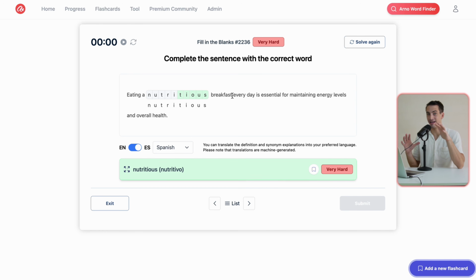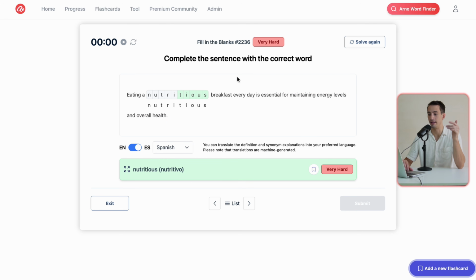If I needed to spend time to try to figure out what the correct answer was, then the key clue here would be essential for maintaining energy levels and then especially overall health. Okay, so this part here indicates the meaning of the incomplete word. So I needed a word that meant something that is essential for maintaining energy levels and overall health.